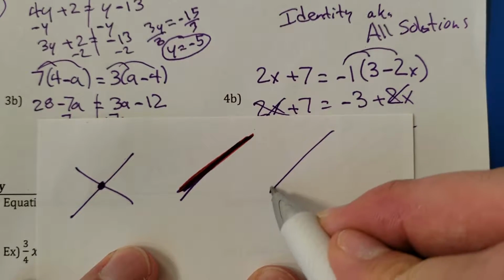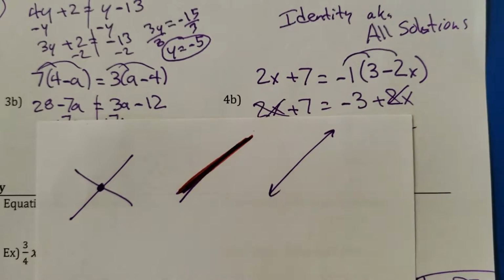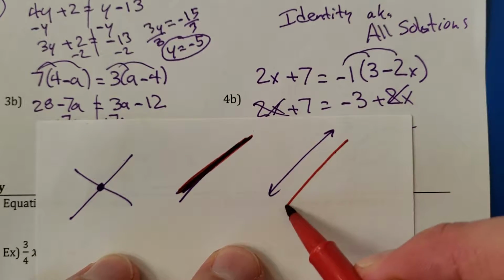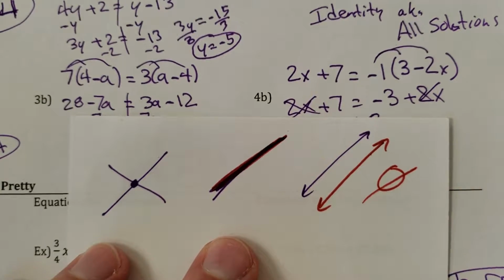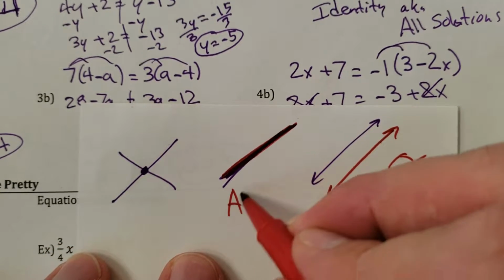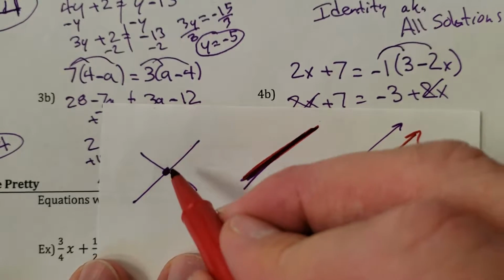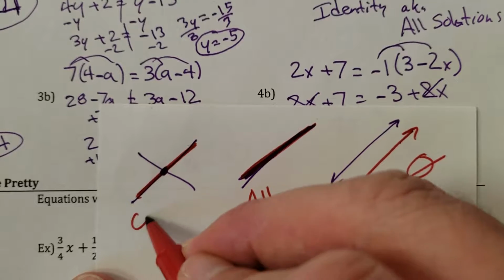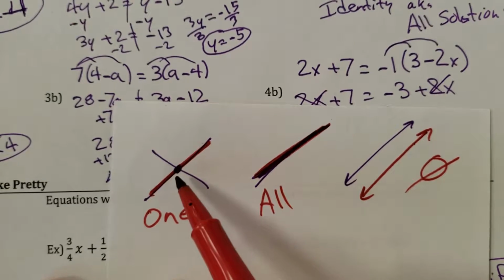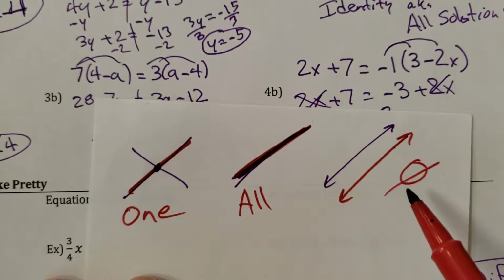Oh, I know. Those are called parallel lines, students. Parallel lines will be beside each other forever and ever, and they'll never actually crisscross. They have everything in common, nothing in common, or just, let's make that one red now, one solution in common. You find one answer, all the answers, or no answers.